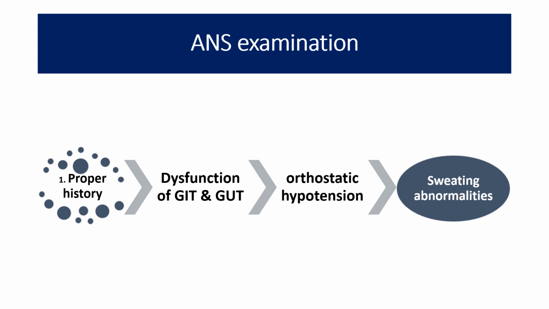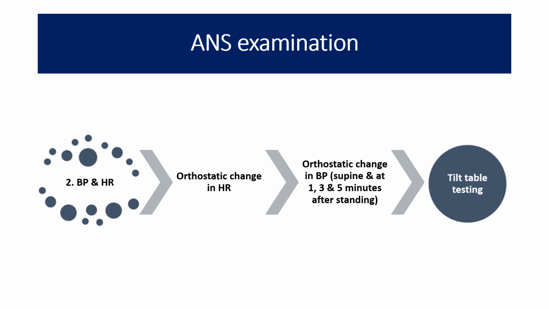Also, we have to ask the history related to sweating abnormalities, for example, dryness of skin, lack of normal moisture in socks. It is characteristic. And after taking the detailed history, we have to rule out signs and symptoms of ANS disorder.